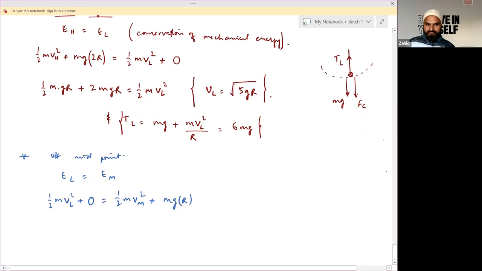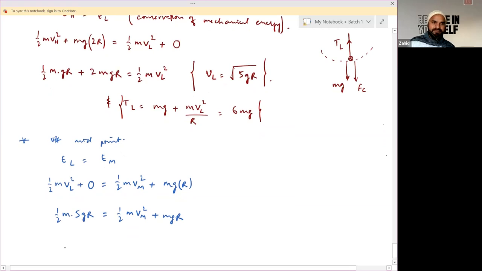So if you put the value of v_L squared as 5 g r, half m 5 g r equals half m v_m squared plus m g r. Move this term to the left-hand side.